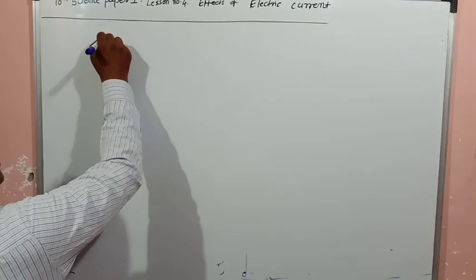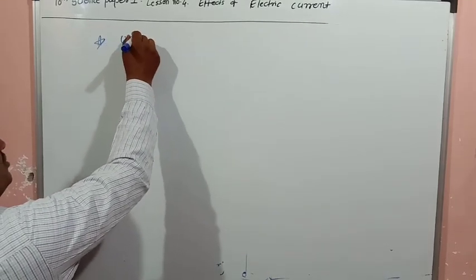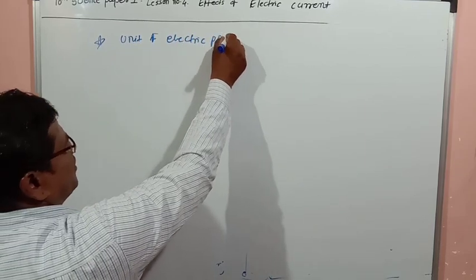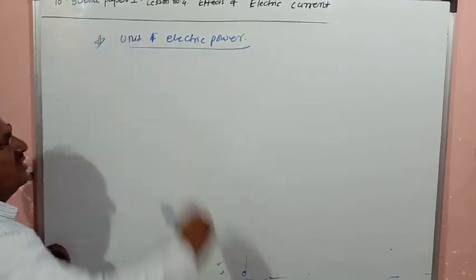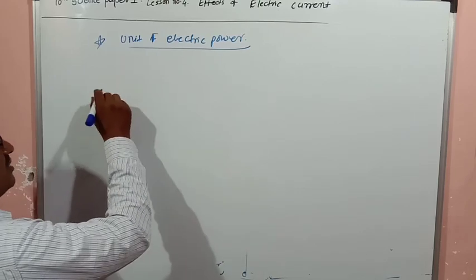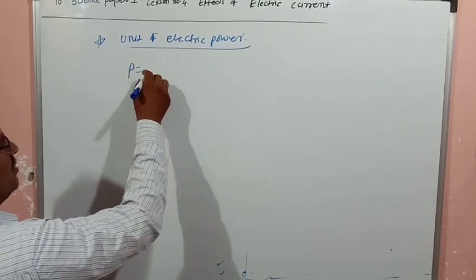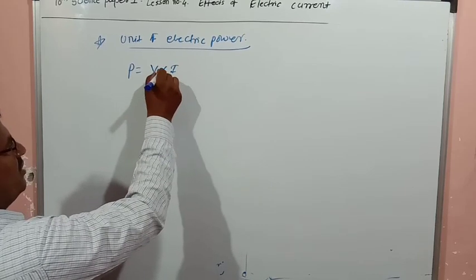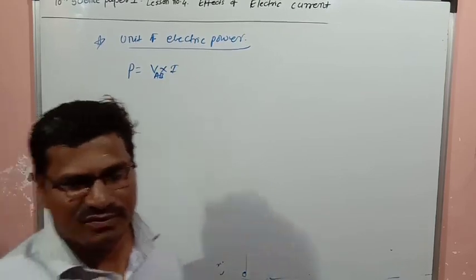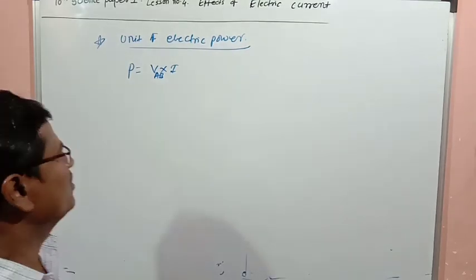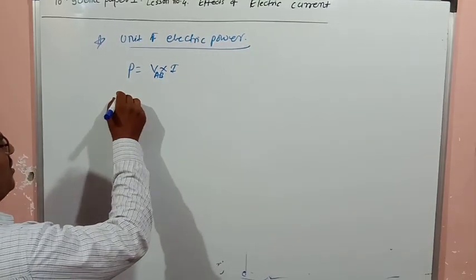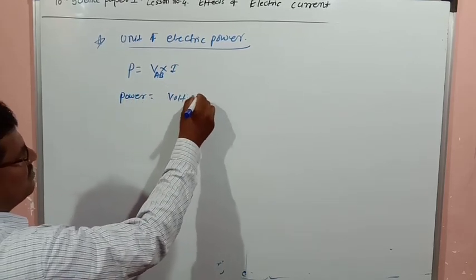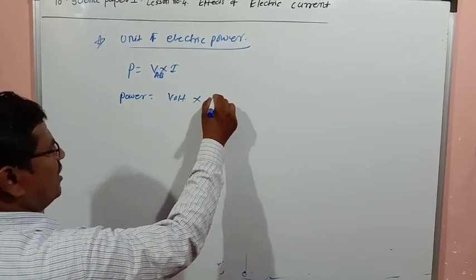The next term is the unit of electric power. In the case of electric power, power is equal to V into I, V_AB into I. One equation we have seen: power is equal to V_AB into I. So power is equal to volt multiplied by ampere.